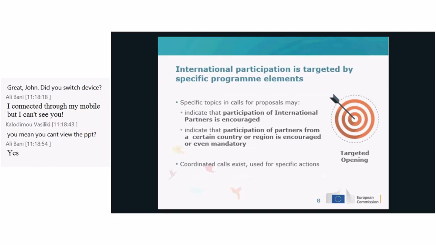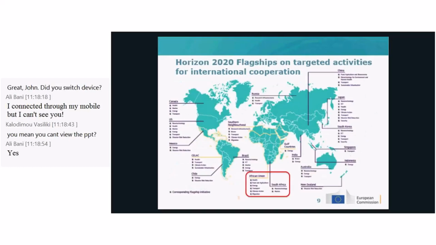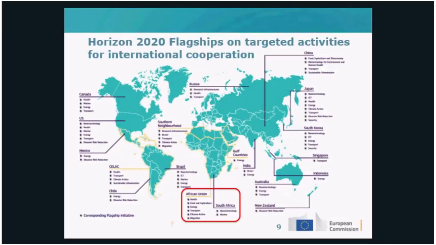And based on this idea of the targeted openings, we have the development of the Horizon 2020 flagships on different thematic areas, where we have targeted activities based on the region. You can see here the whole range of activities across the globe.